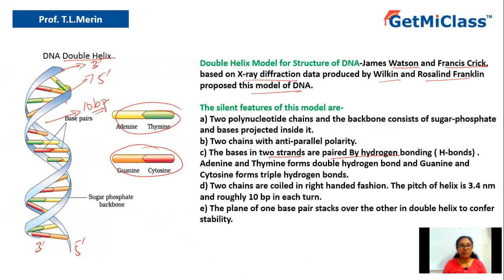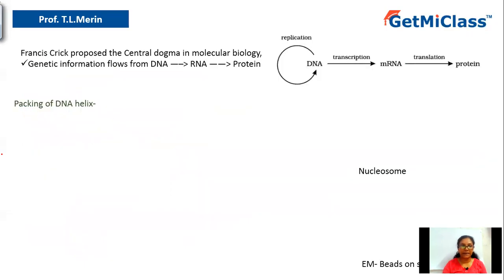And the pitch, okay, the distance between the start of the helix and the end of one turn, this is nothing but 3.4 nanometer. Okay. And the plane of one base pair stacks over the other in the double helix to confer stability. So the stacking of the base pair actually gives that stability to the DNA. So that's the structure of double helical DNA.